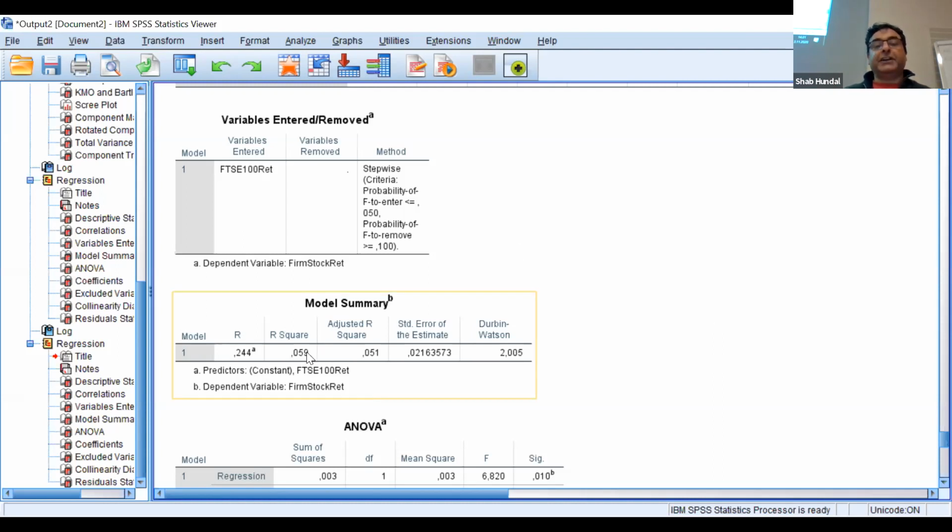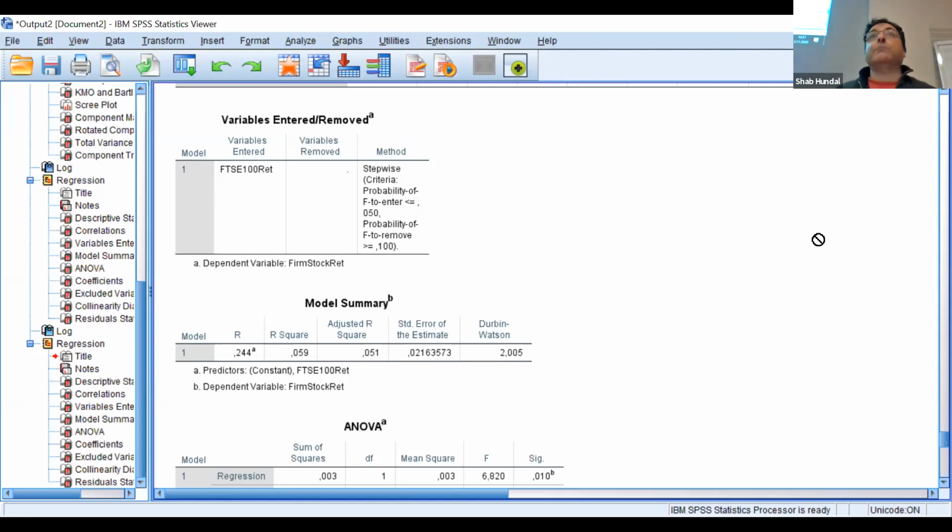If 5.9% change is explained by these 6 independent variables, what is 100 minus 5.9? 94.1%. It means that 94.1% movement is somewhere else.